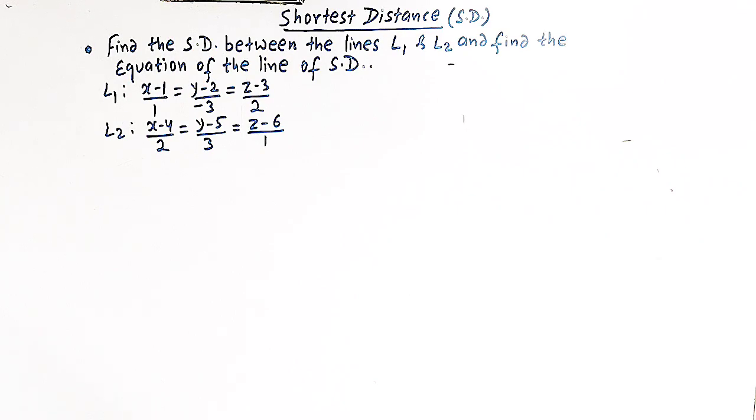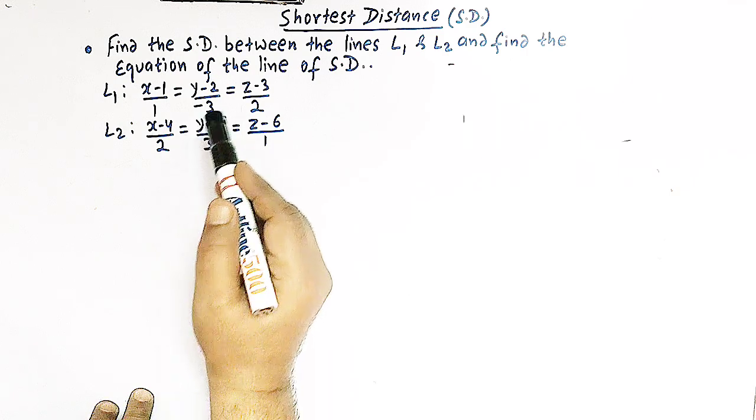We are not going to use the standard formula for the shortest distance between two lines L1 and L2, but will simply use the distance formula to find the shortest distance between these two non-coplanar lines.